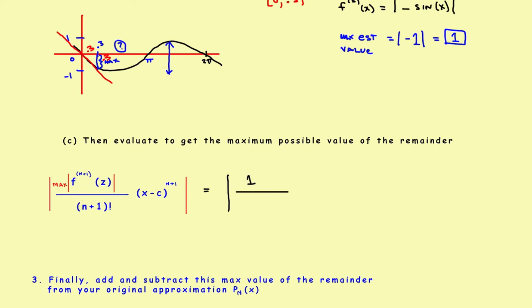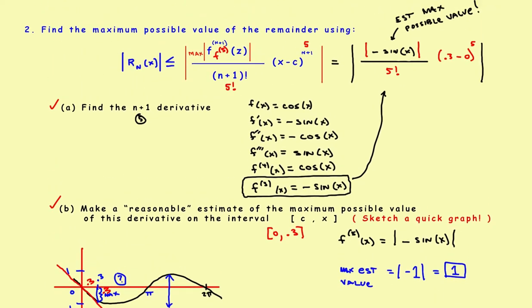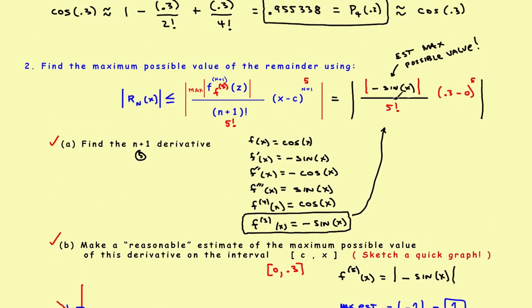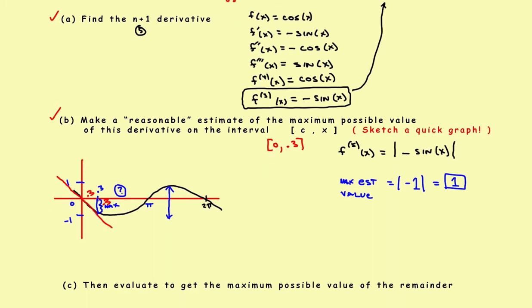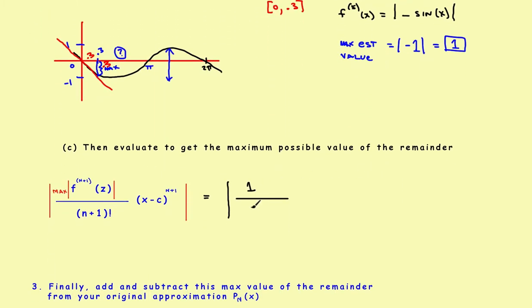And again, we can look back up here, n plus 1 is 5 factorial, and x minus c to this is 0.3 to the fifth. So we'll plug those two in. If we go down here, this is going to be 5 factorial, and this would just be 0.3 minus 0, which would be 0.3 to the fifth power. And it's the absolute value of this whole thing.